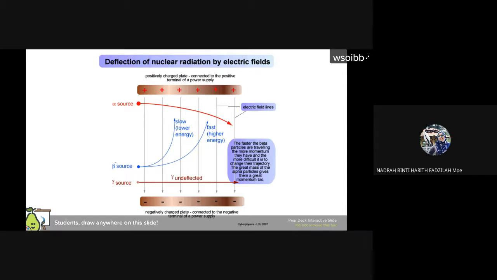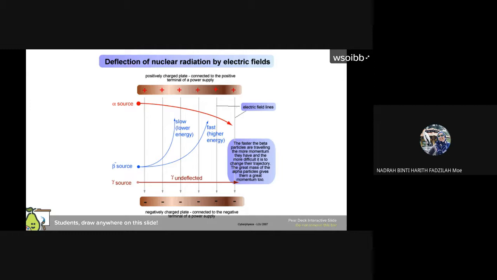As we take a look at the alpha source, since alpha radiation or alpha ray is positively charged, when alpha radiation enters the electric field, it will move slightly towards the negatively charged plate, because alpha is positive. So at first it goes straight, then towards the end of the electric field it starts to skew towards the negatively charged plate.